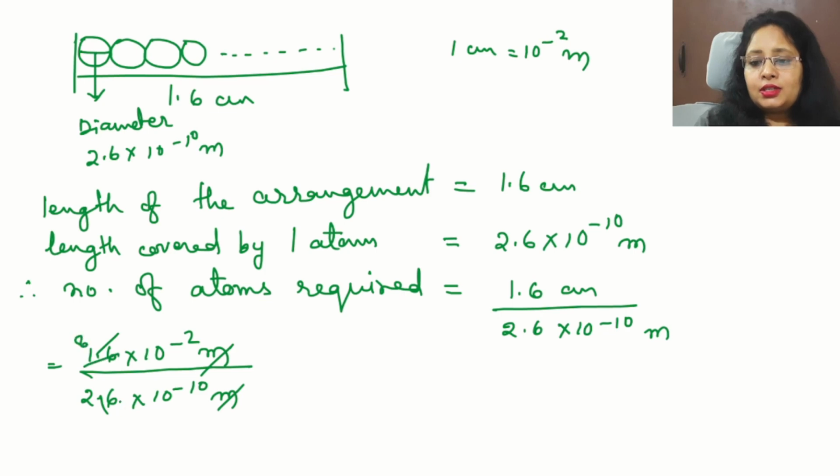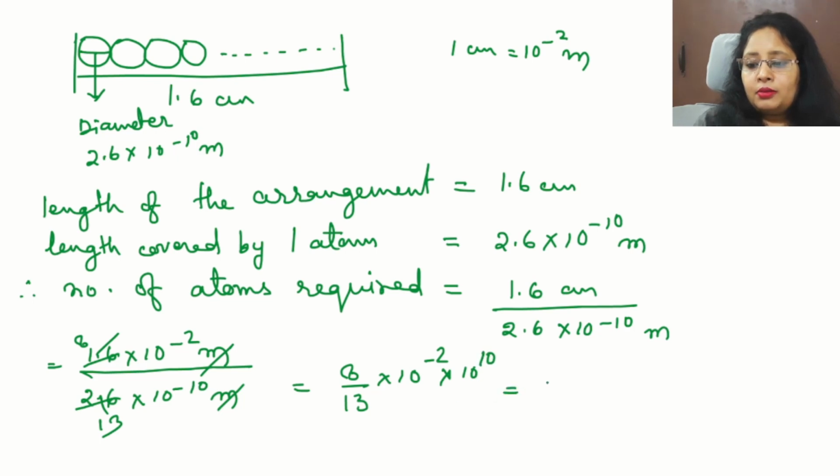Now divide. 2 8s are 16. 2 1s are 2, 2 3 is 13. Now 10 to the power minus 10 will go up and become 10 to the power plus 10. See how we'll write it? Now 8 upon 13 into 10 to the power minus 2 into 10 to the power 10.